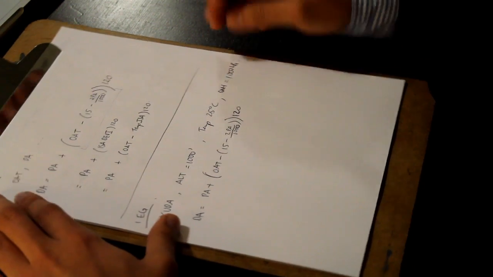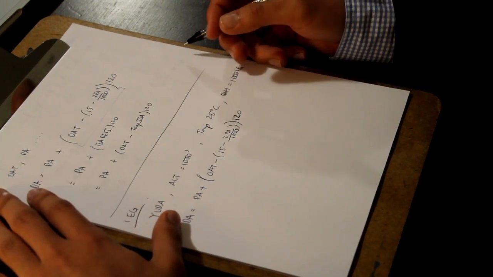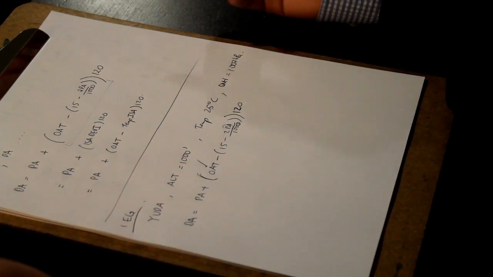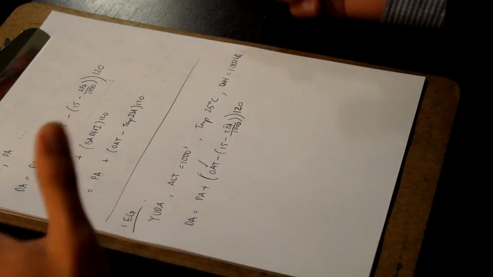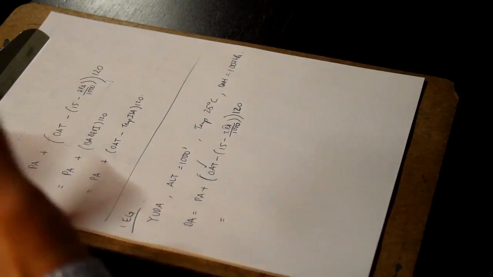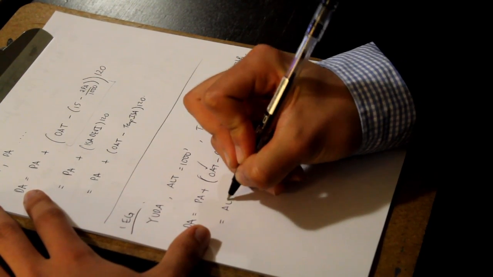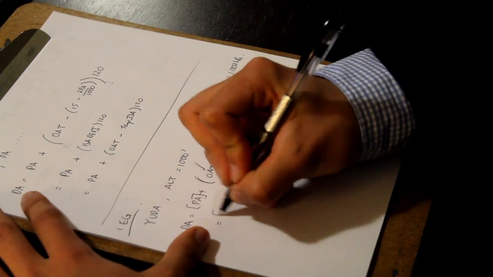Okay, so what do we know? We know OAT. Pressure altitude, well, there is no value right now, but we know pressure altitude is the equation, don't we? Remember, it is altitude plus ISA minus QNH times 30, so I'll bracket this in square brackets.